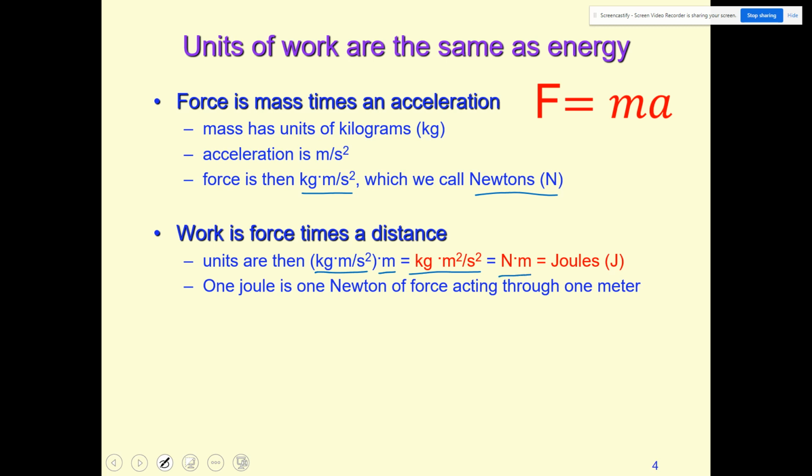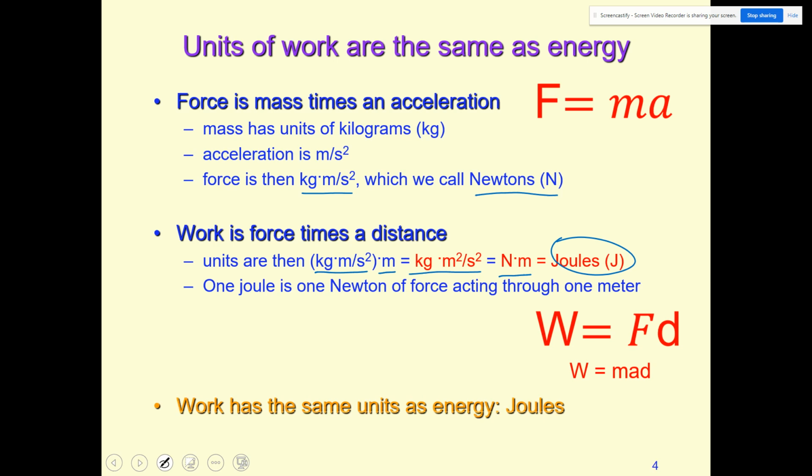If you recall from calculating potential energy and kinetic energy, kilograms meters squared per second squared was the joule. So a newton meter, kilogram meter squared per second squared, or a joule, those are all the same thing. And so work, which is force times distance, has the exact same units as energy, joules.